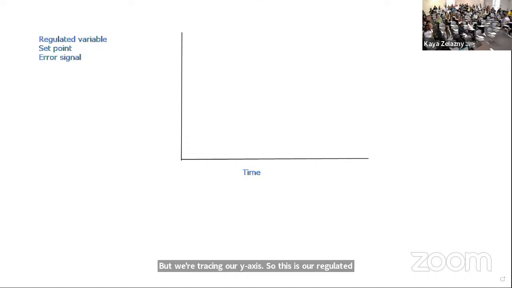Regulated variable goes on the y. And specifically, since we're drawing a specific system, we know that our y-axis is temperature. So all of our measurements on the y-axis are measurements of temperature. So temperature is our regulated variable. Okay. That's how we define that.